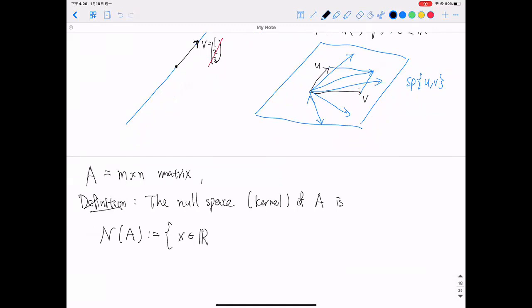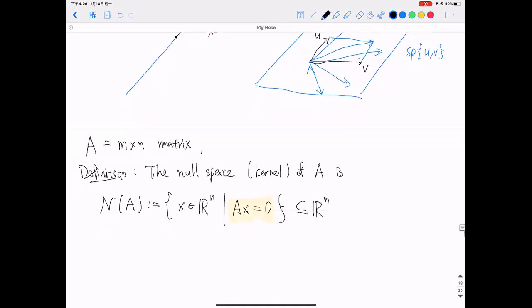It consists of all n-dimensional vectors x such that A times x is 0. By definition, this is a subset of Rn. The requirement for being in this subset is that A times x is 0.